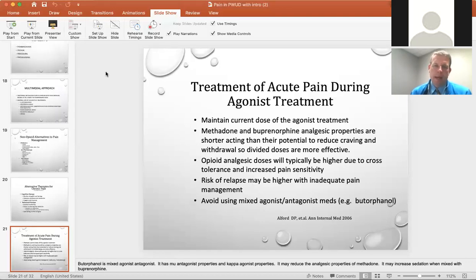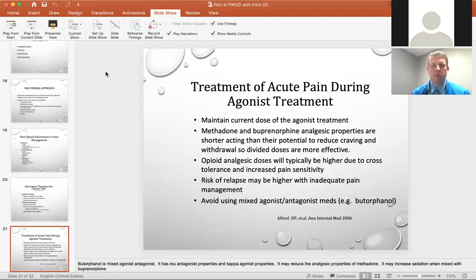All right, and I sort of already alluded to this, but this is really the treatment standard now of treating acute pain in patients who are on medication-assisted therapy. These are different options.